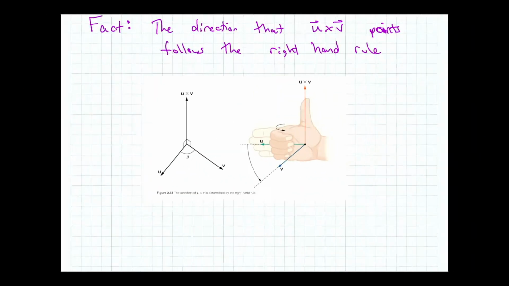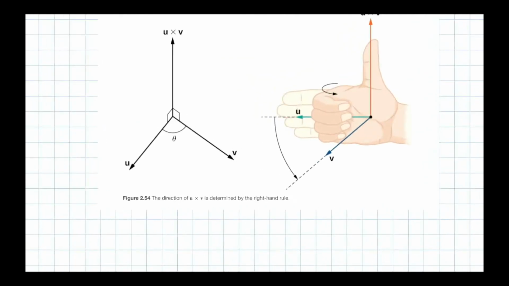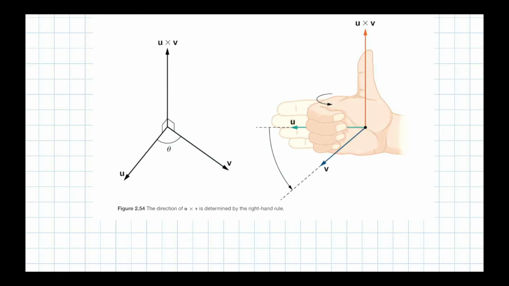So the reason we say that this follows a right-hand rule is just like this. If you wrap your thumb around, so if your fingers curl this way, from U to V, right?